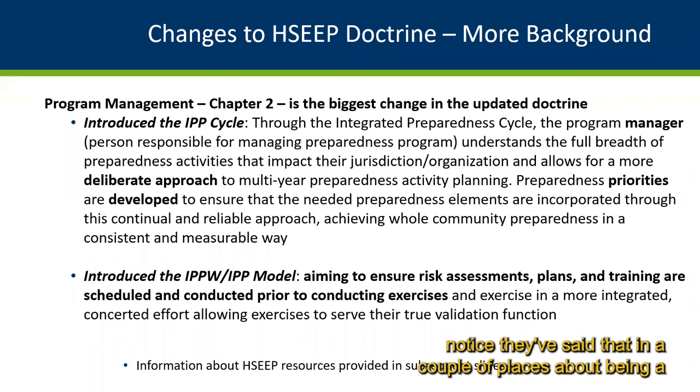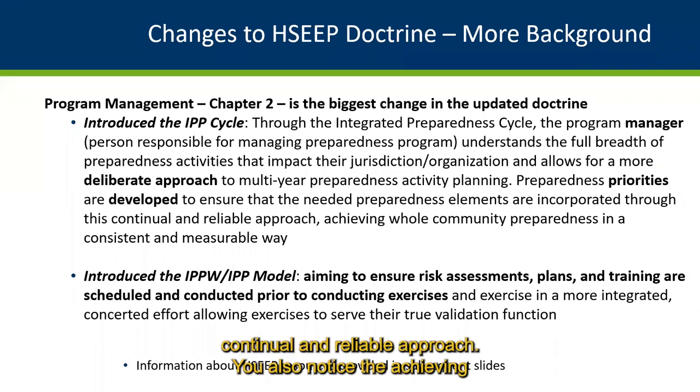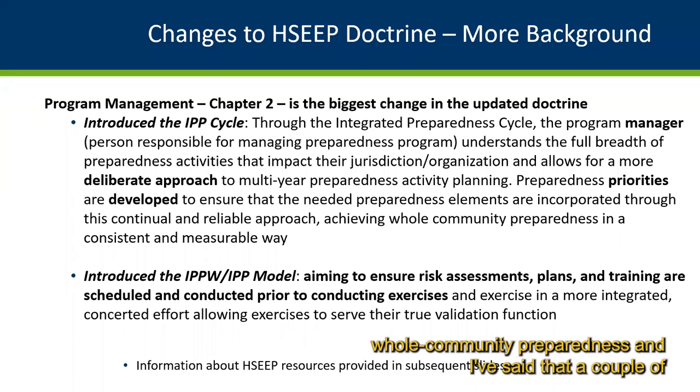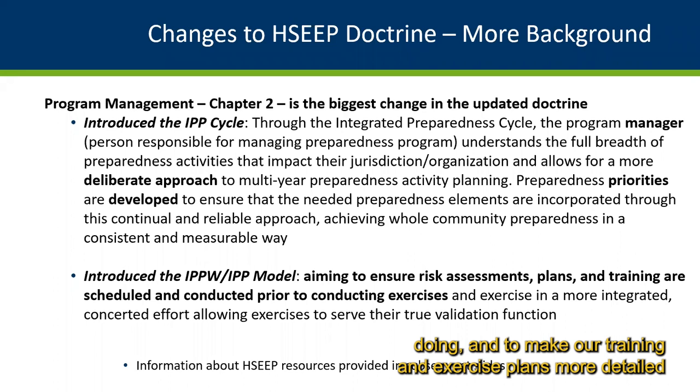And you notice they've said that in a couple of places, about being a continual and reliable approach. You also notice the achieving whole community preparedness, and I've said that a couple of times, but then also the final couple of words, consistent and measurable. And so this was an attempt to expand what we were doing and to make our training and exercise plans more detailed and more inclusive.